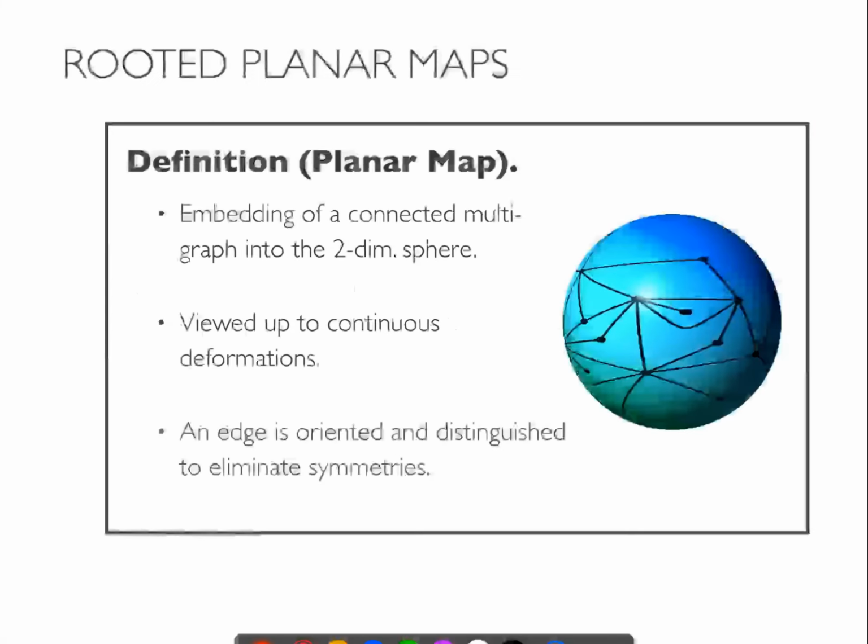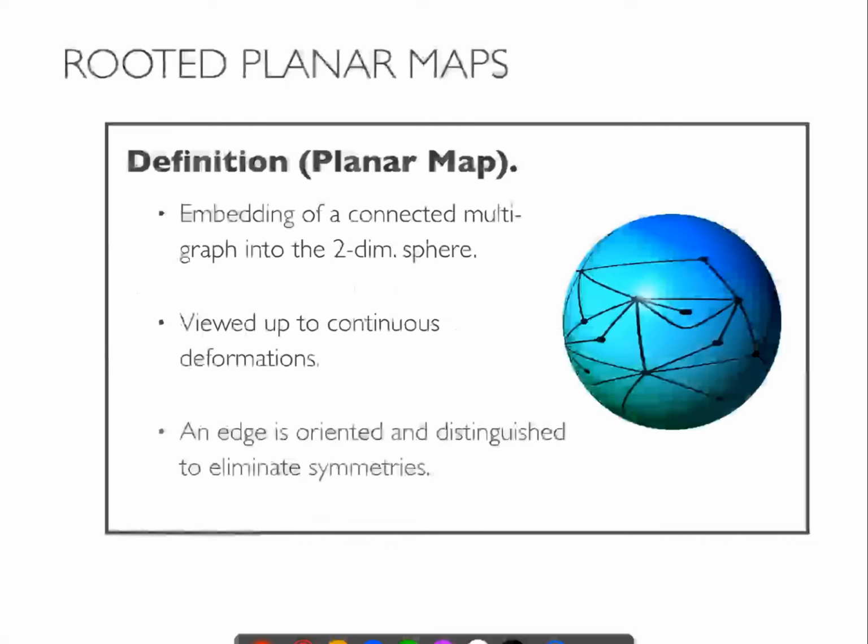A planar map may be defined as an embedding of a connected multigraph into the two-dimensional sphere. Here, vertices are represented by points on the sphere and edges are represented by non-self-intersecting arcs. We require that any two different arcs may intersect only at their endpoints.